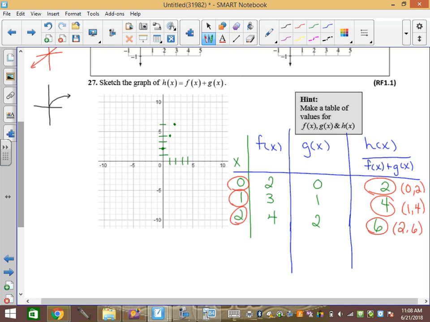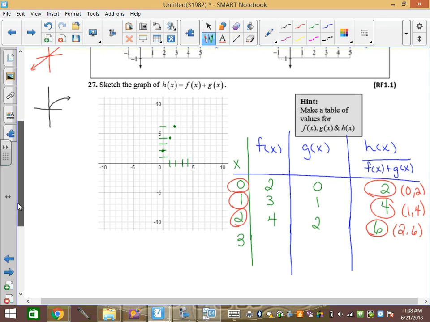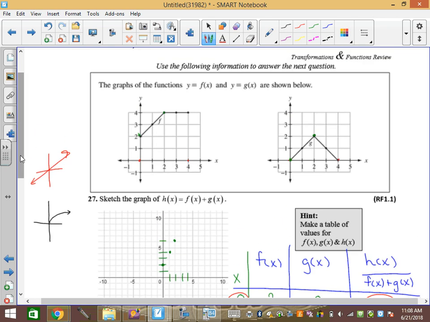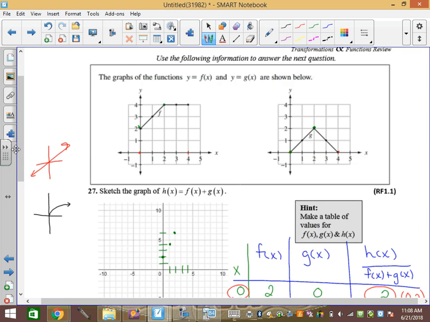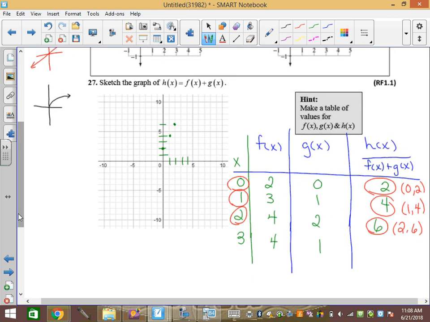Then I have 3. At 3, I'm at 4 on the f. On the g, at 3, my y is 1. So 4 plus 1 is 5. So my new point is 3, 5.